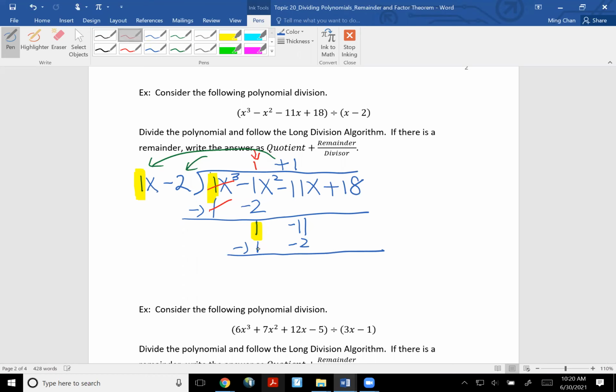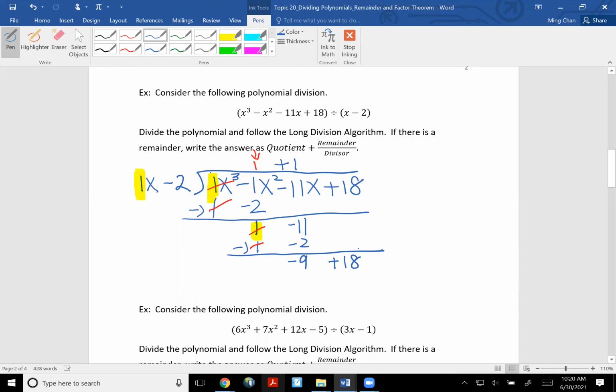First term, 1 minus 1 always cancels out. Second term, be careful. This is a -11 subtract a -2. This is not -11 minus 2. It's -11 subtract a -2. And that should give you -9. All right, bring down my last term, positive 18, and I start the process over.